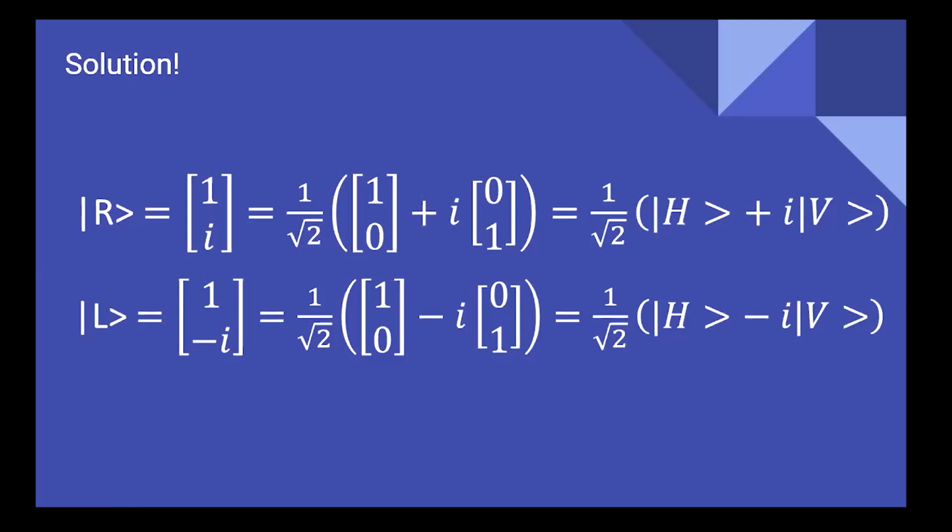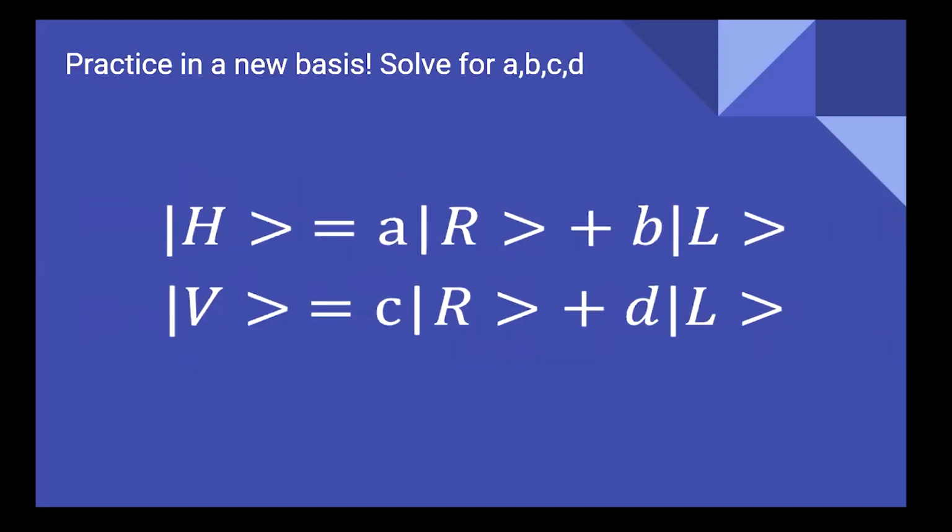You can have pairs of these eigenvectors: H and V, D and A, R and L. And I can just pick my favorite and describe the other 4 as some combination of those two. So this is probably the most challenging one. Let's say for some reason I love R and L, which I find very weird, then H and V are now some weird superposition of R and L. So in this case, try solving.